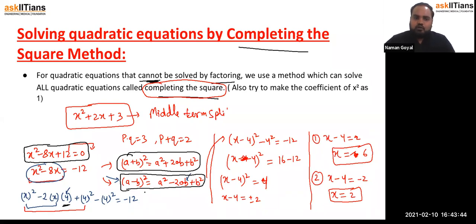It depends on the sign. If the sign is plus, then we use a plus b whole square, and if the sign is minus, we use a minus b whole square, which is a square minus 2ab plus b square.